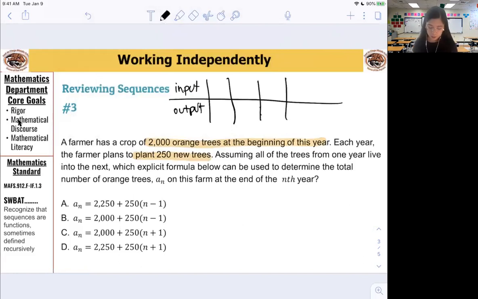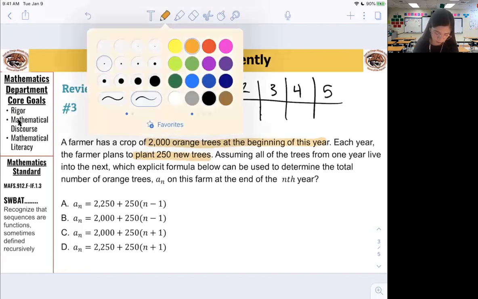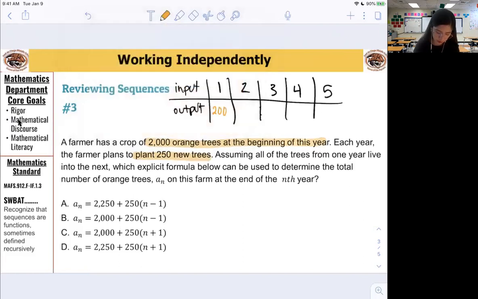Remember, my input is always 1, 2, 3, 4, 5, and so on, representing the number of years that have passed. In the first year, the farmer has 2,000 orange trees, so my first value is 2,000 because that's how much he started with.